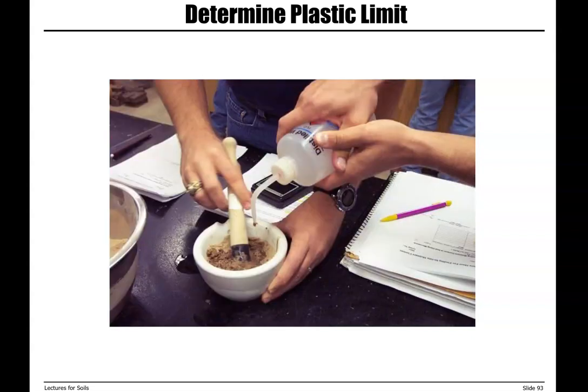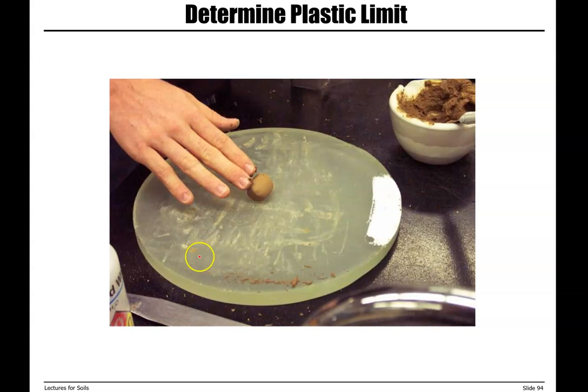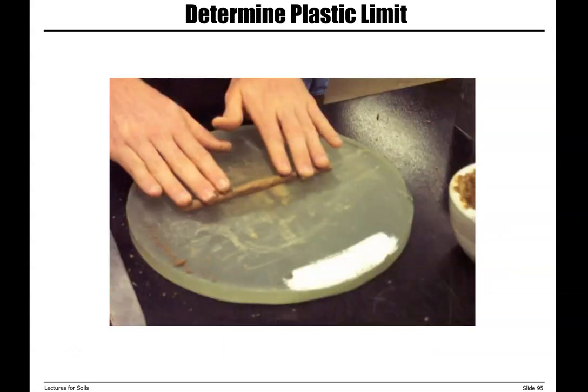So you have your soil sample, you start adding moisture, you need around 20 grams of material passing number 40 for the plastic limit. You get a glass plate, that's what we need for it. Get some of your soil sample and start rolling it into a thread. Again, if you can roll it to a thread with a diameter lower than 1/8 inch, it means that it's too wet.